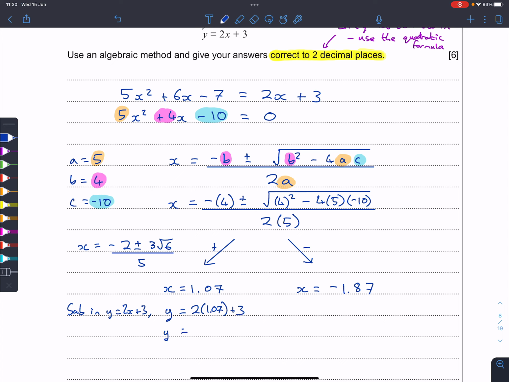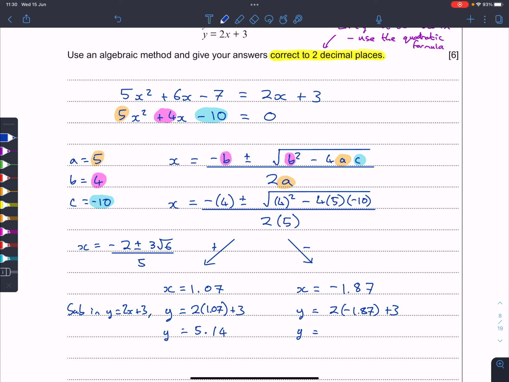So 2 of that plus 3 is 5.14. And here I get 2 lots of negative 1.87 plus 3.